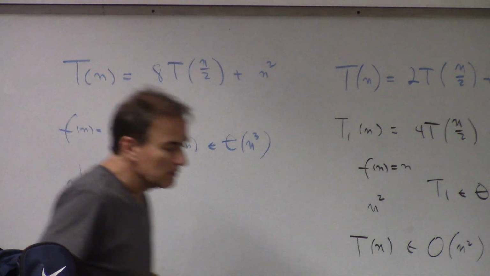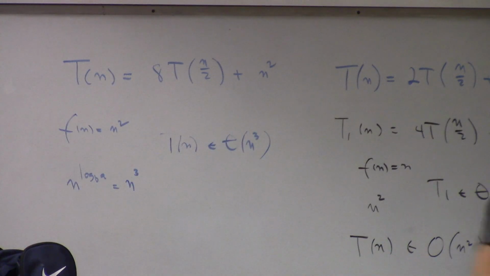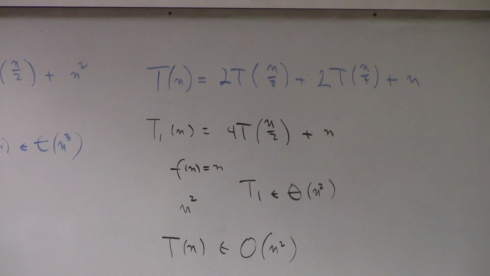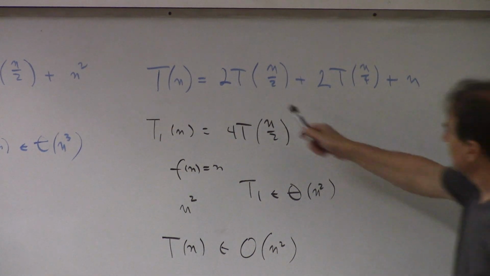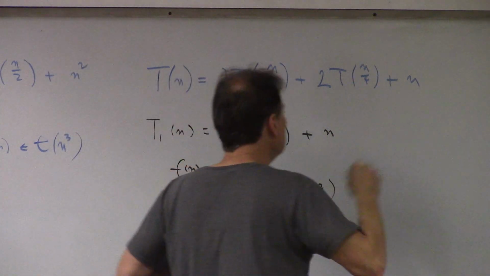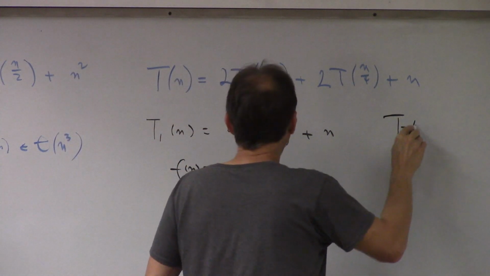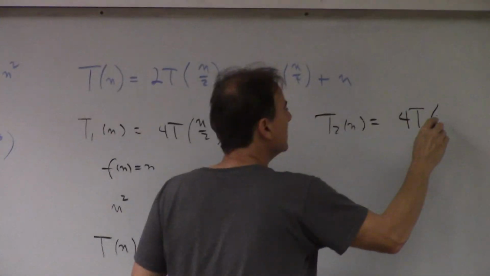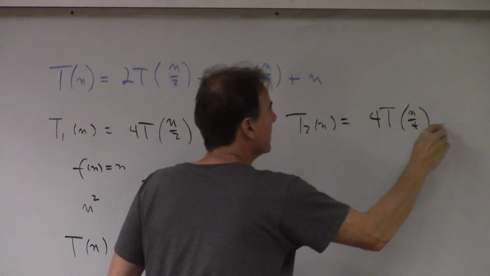Okay, so now what we can try to do is something else. Anything else you can think of doing? We can try to go on the other flip side of it, which is what? Let's look at the lower end. So rather than increasing this one to match that, we can look at T2 of n is equal to 4T of n over 4 plus n.